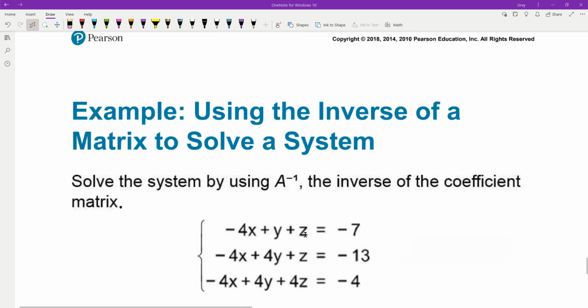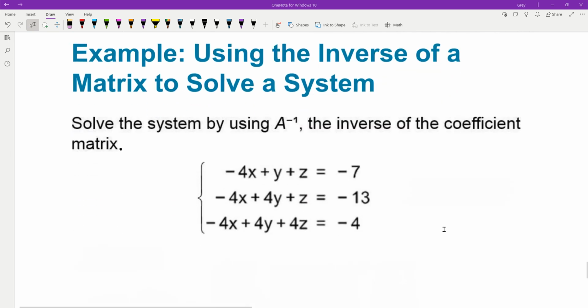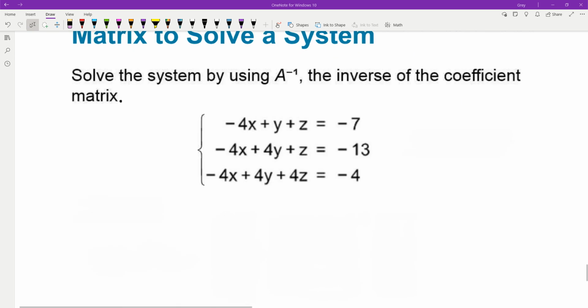So in our last example, using the inverse of a matrix to solve a system, okay, this is a 3x3, and you will never have to find the inverse of a 3x3 by hand. You will always use class calc or a calculator. So we've already put it in there before, okay?